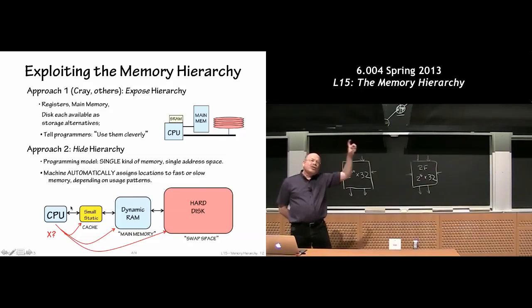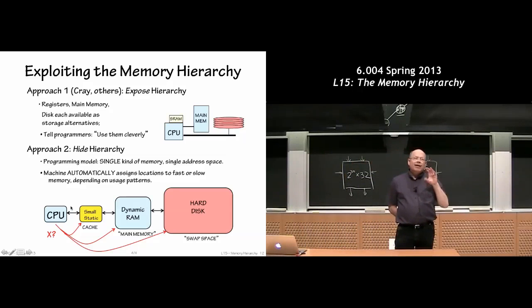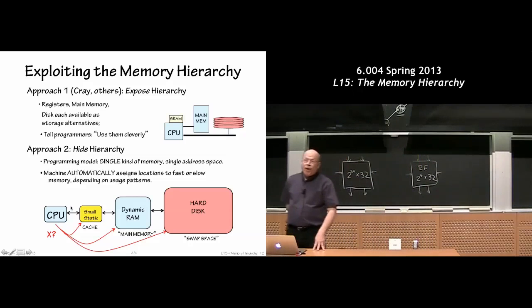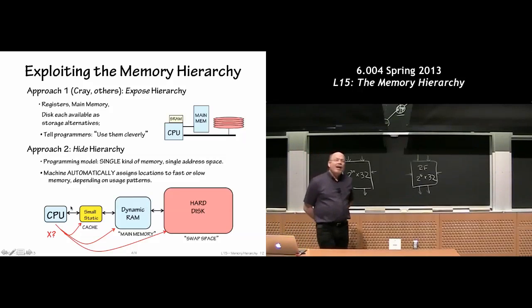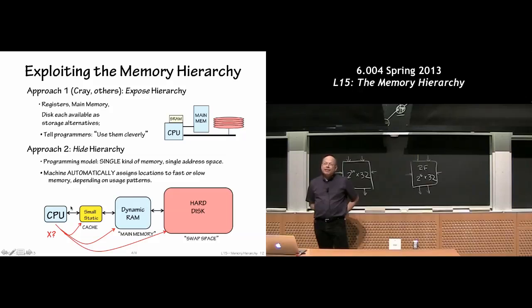So there's a combination of hardware and software that automatically manages getting your instructions and your data into the level of the storage hierarchy where they should be at any given moment. And by and large, if we do this well, more than 95 or 96% of the time, we'll find that information in that static cache.